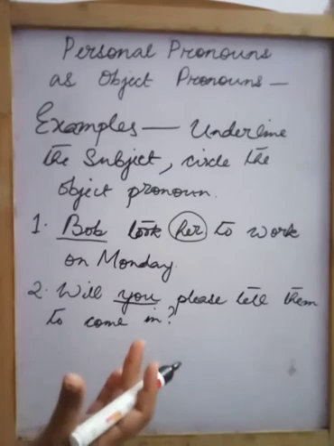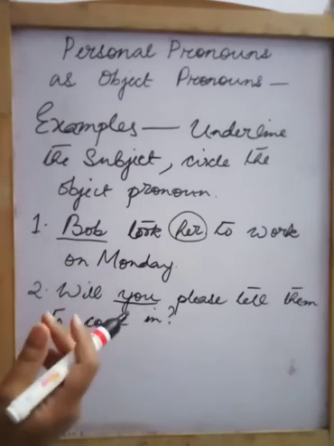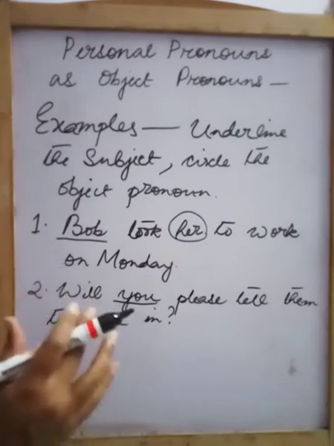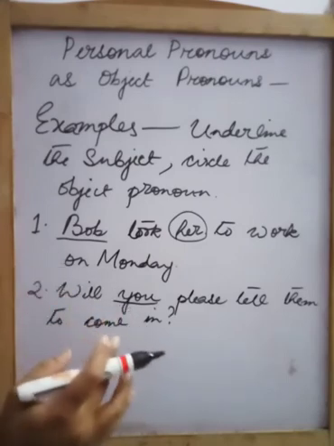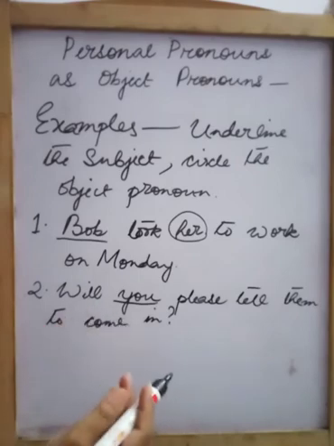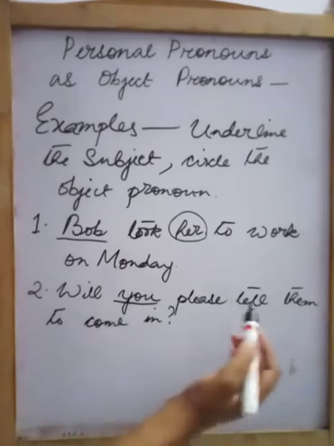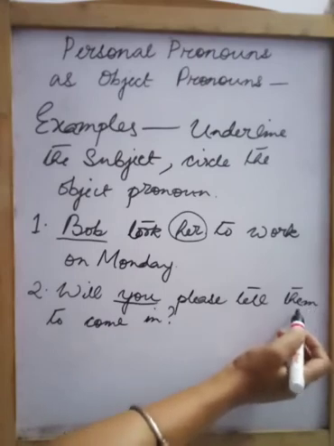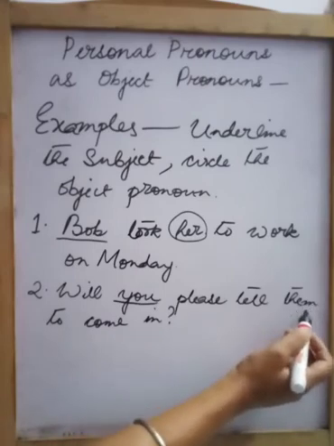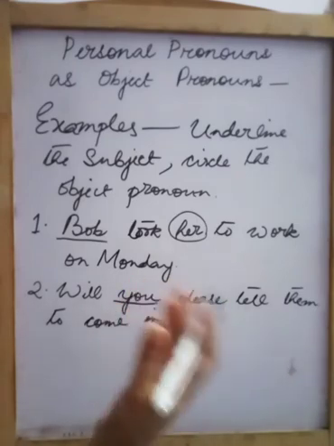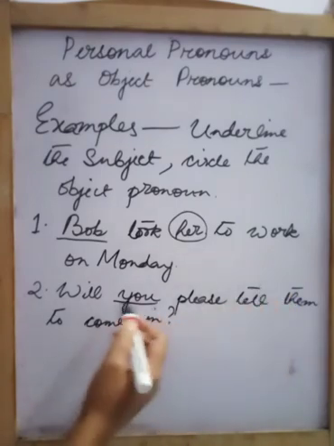Tell whom? You remember the objective case I told you. In the objective case, to find it in a sentence, what question do we ask? Whom. For the subjective case, what do we ask? Who. Isn't it? So in the objective case, if you ask whom, you say them, and them is a pronoun. It is an objective pronoun because this them is the object of the sentence. We will tell them. Will you please tell them?